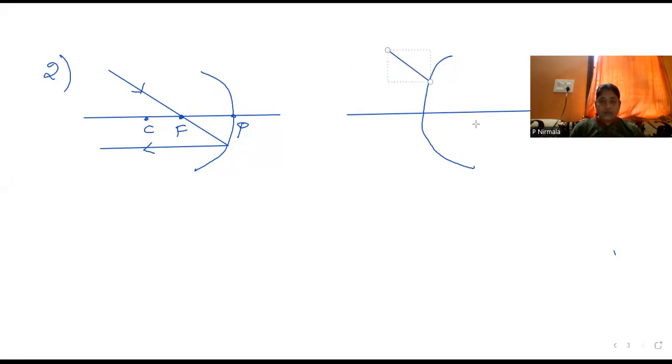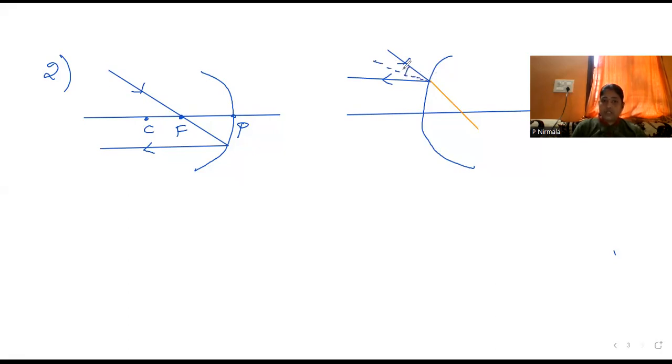I told you clearly, what is happening on the other side we don't know, so that's why I'm putting an orange line here. So how is the reflection? It is parallel to the principal axis. Observe in both the mirrors, it's the same. The properties are the same. Understood?